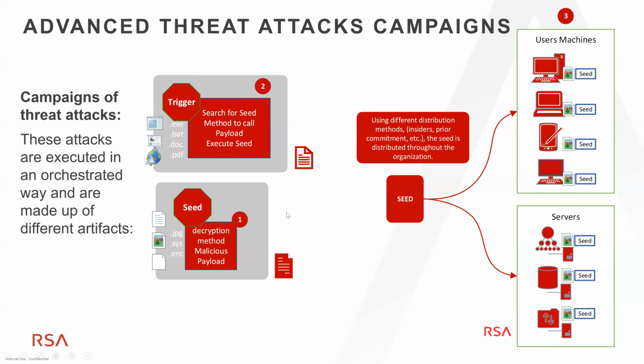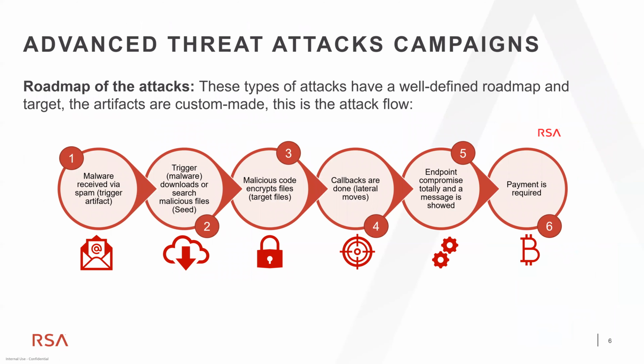And then the infection will be released, and the decryption methods will be started, and that's it. The infection is going to be released. So as you can see here, the trigger is going to look for the seed, and then the infection is going to start. This is the demo that we are going to see in this presentation.